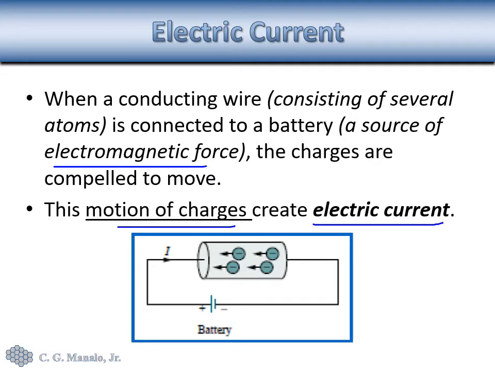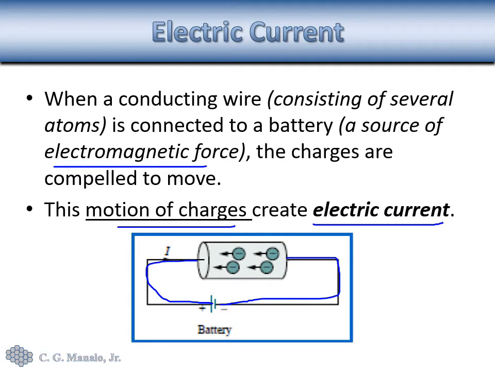So for example, I make a circuit, I connect a conductor to a battery. Charges start to move because the electrons in the conductor get knocked off their orbits and start to roam around. That creates a moving charge. That creates the electric current. So if we have moving charges, we have current.